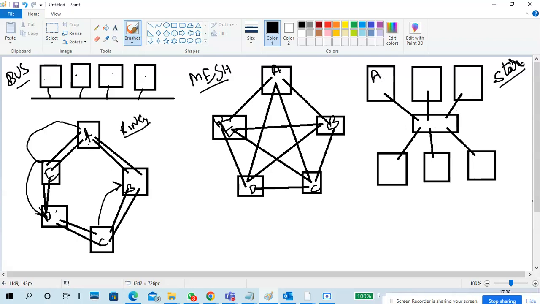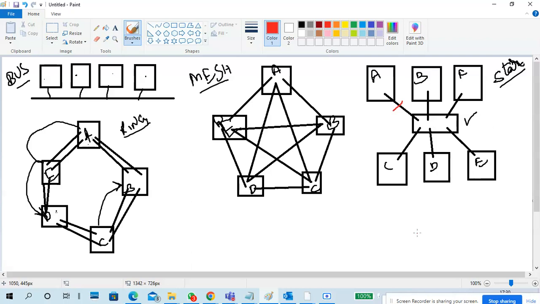Guys, in this one, we use a centralized device. Either it can be a switch or it can be a hub. You can use a switch or a hub as the centralized device. Devices are directly connected to this one. This also has some advantages. For example, if this wire is broken, only that PC cannot communicate.